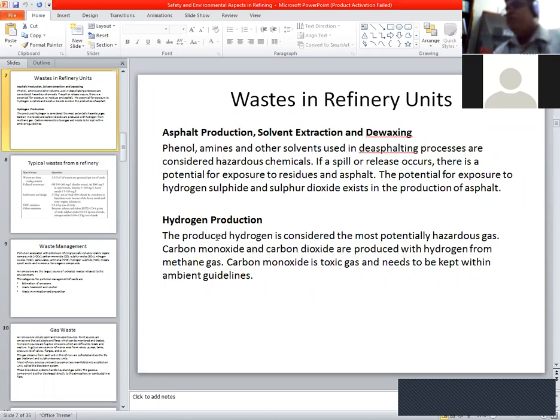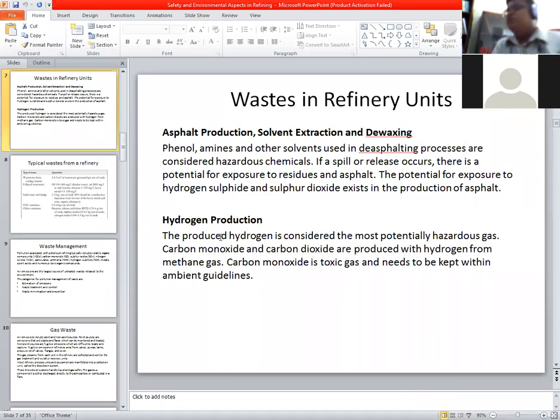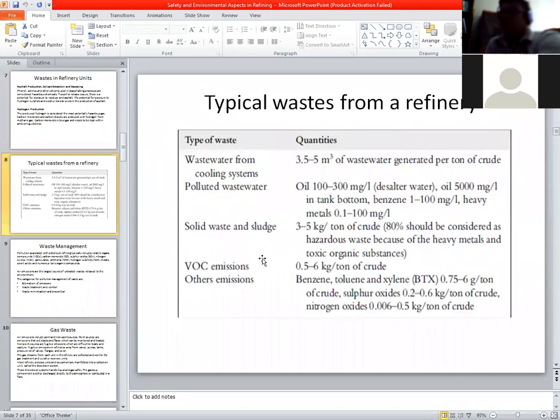Hydrogen itself is a potentially hazardous gas, and in hydrogen production, carbon monoxide or carbon dioxide can also escape. So see, as I told, in every unit in a refinery there are environmental issues. So we have to work with it. These are the things I already informed you a little bit, but there is one slide.